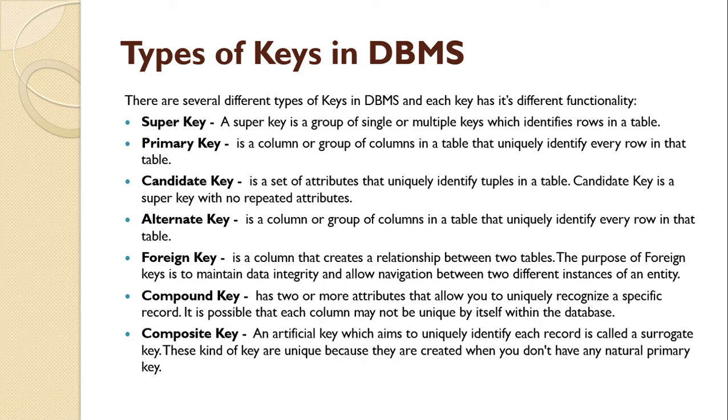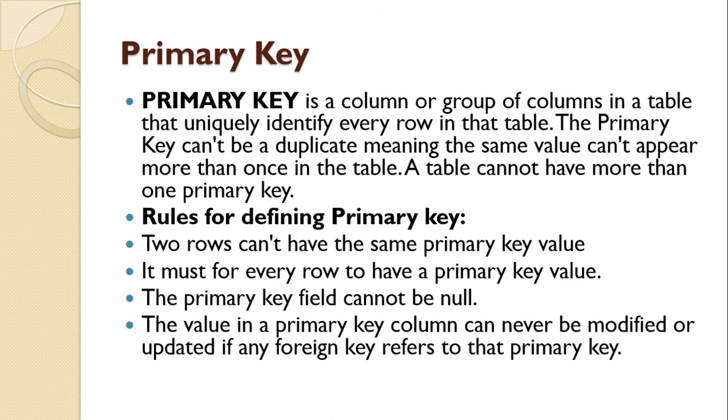It is possible that each column may not be unique by itself within the database, so we use a compound key. Now, composite key. A composite key is an artificial key which is used to uniquely identify each record, and it may be present in a single column or in multiple columns.